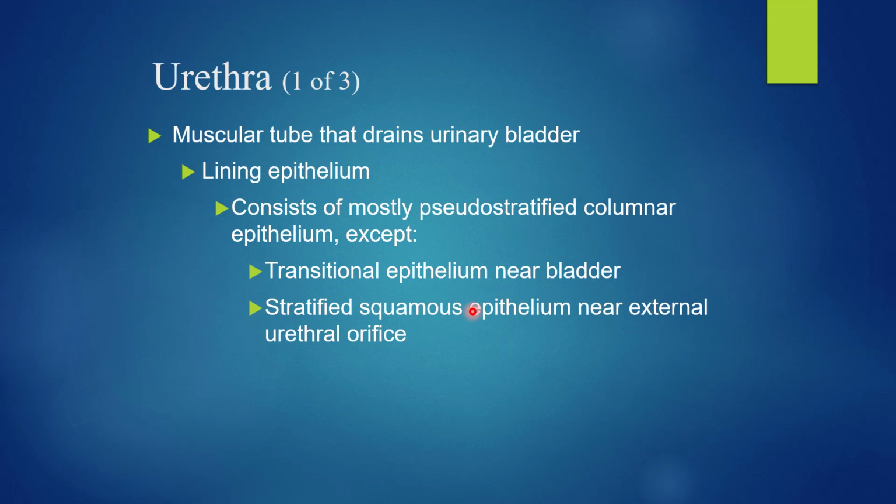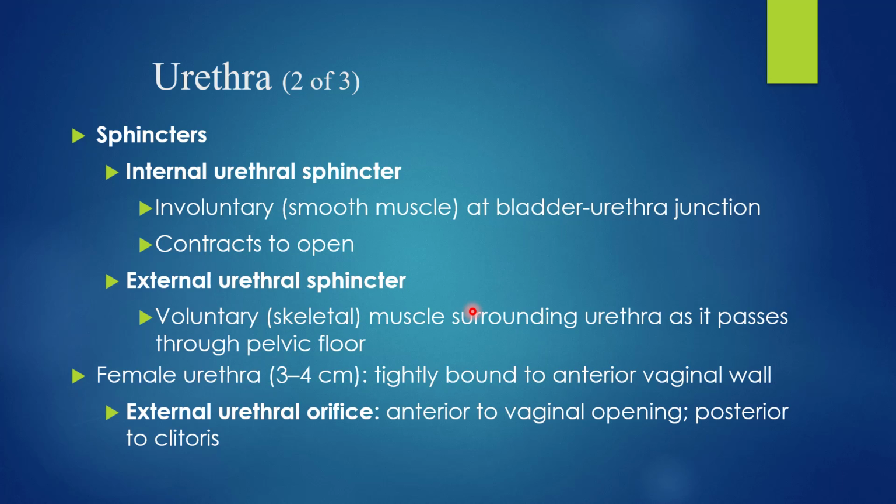The urethra, the final tube that drains the urinary bladder, is lined by transitional epithelium near the bladder and then stratified squamous epithelium near the external urethral orifice. So we have two types of sphincters that help us control the flow of urine.